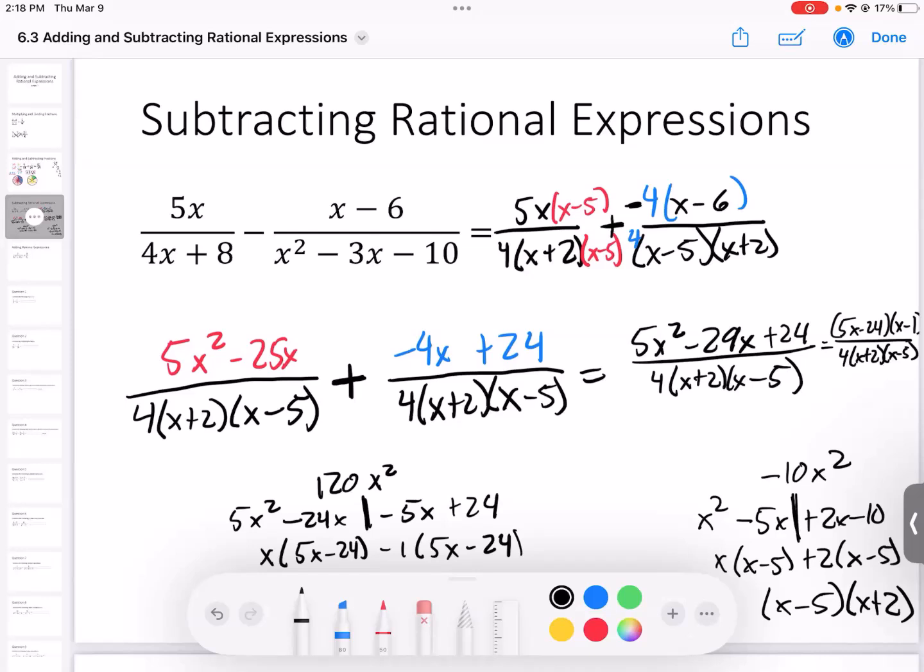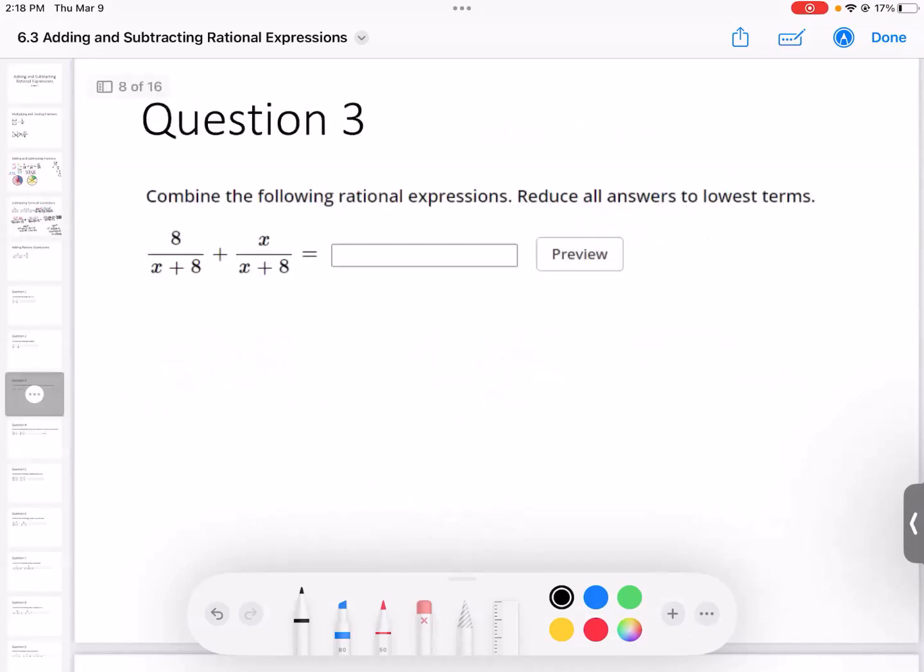Most of the questions on your homework are not this hard. This is the hardest version of your homework. Some of the questions on your homework are super easy. Like on this one, you already have common denominators, so you don't have to factor anything. You just add them together. And in this case, you would actually end up with 8 plus x over x plus 8. But those two things are the same thing. And so if you do anything divided by itself, that's just going to cancel out and equal 1.